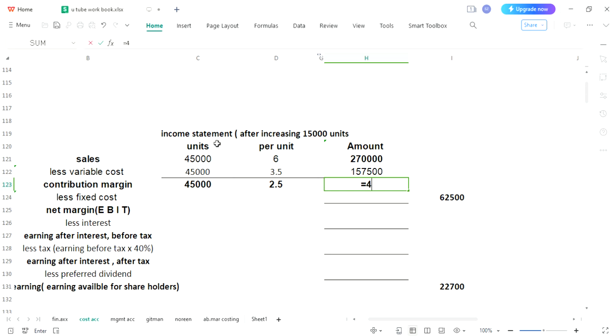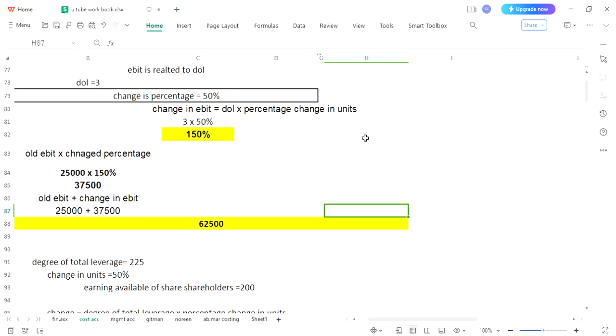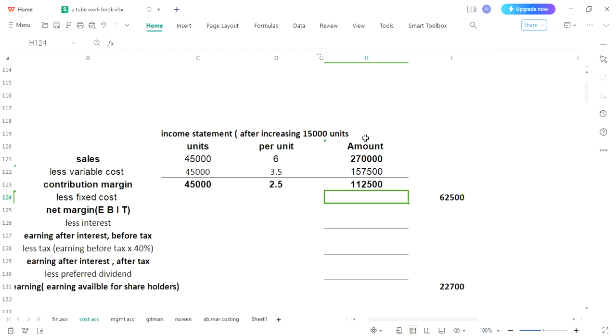Units would be multiplied with per unit. Units 45,000. Per unit contribution margin 2.5. So we have got our contribution margin. Fixed cost was mentioned in our question and that fixed cost was 50,000. So come over here, 50,000 was your fixed cost.